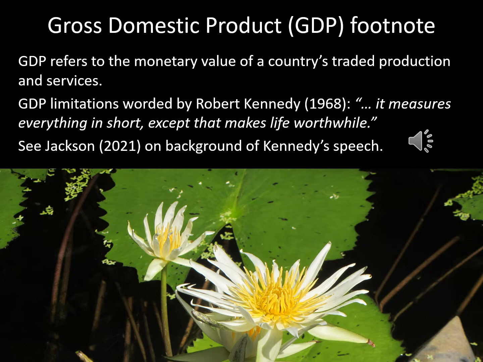Although politicians still largely focus efforts on maximizing GDP, there is increasing debate over the desirability of GDP growth as a policy objective. The limitations of GDP are famously worded by Robert Kennedy, who pointed out that the profits from arms manufacturers, cigarette advertisement, and exploitation of natural resources add to GDP.